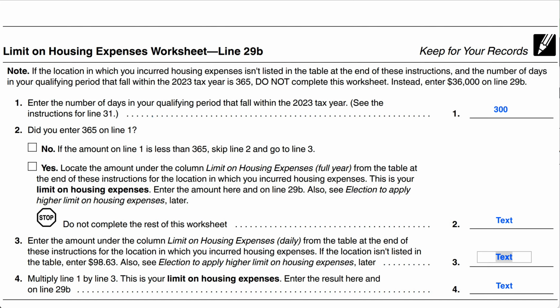That would be all of August 14th through the end of the year. So in this scenario, we would put 140. Let's follow that situation and just put 140 days.